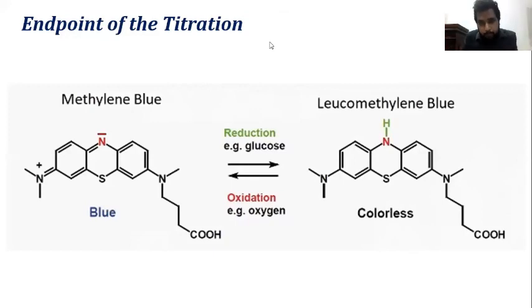Okay. This accuracy is not very high. But to have an approximate, rough idea, using the equipment we have in the laboratory, we just use the Fehling solution and methylene blue, which is an indicator, and just a burette, conical flask and the basic glassware. So using that, we can have an idea about the glucose content.